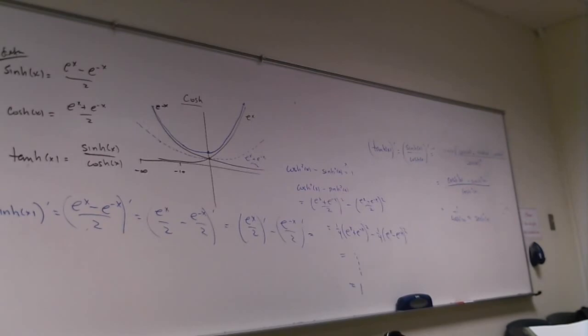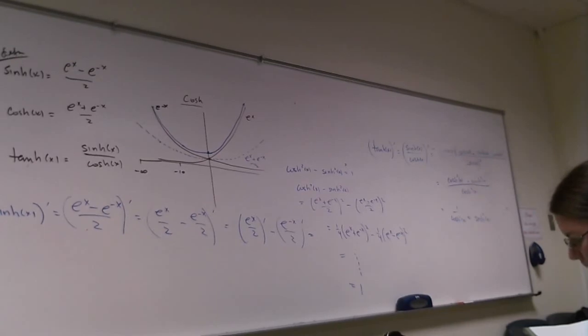All right, so you're good on hyperbolic functions. I don't know what else there is to tell you there. Let's see, you're supposed to take the derivatives for the inverse hyperbolics. It's back to the same thing we did before.